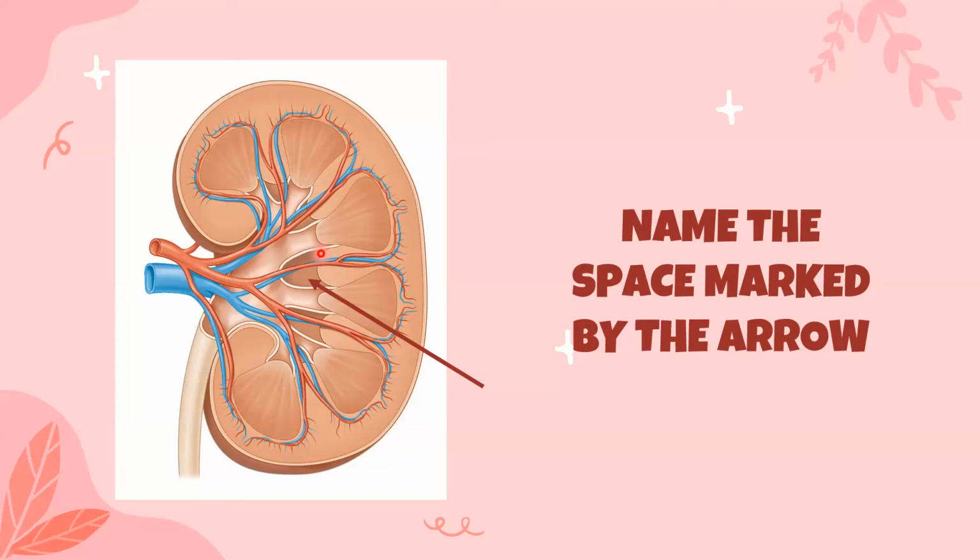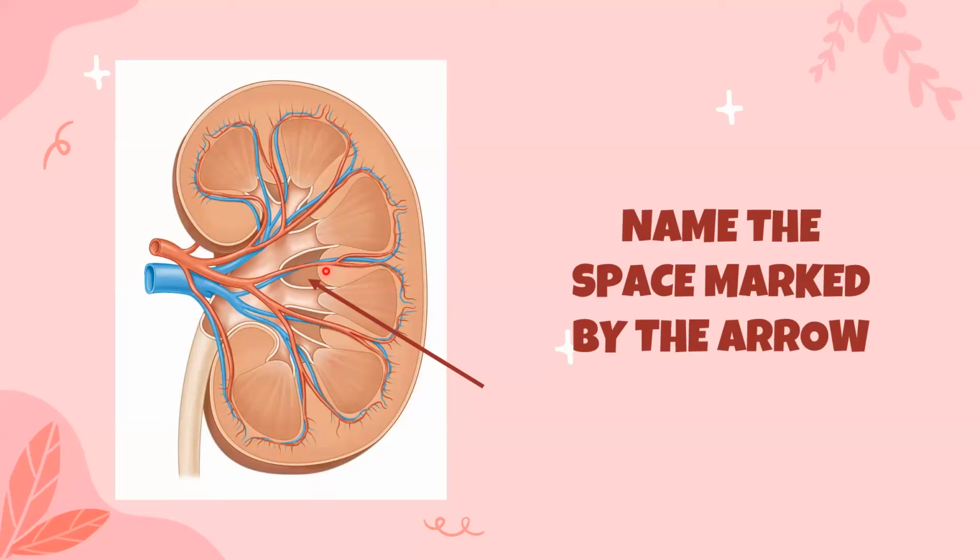I will get back to what minor is in a second. Minor calyx. So I'm not talking about this portion here. I'm talking about this space. You guys see these extensions that are going down between these triangular looking structures?